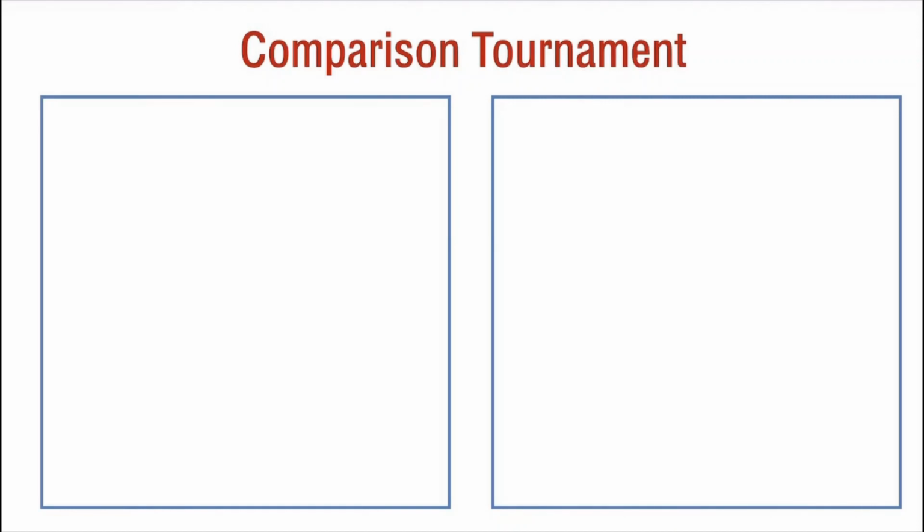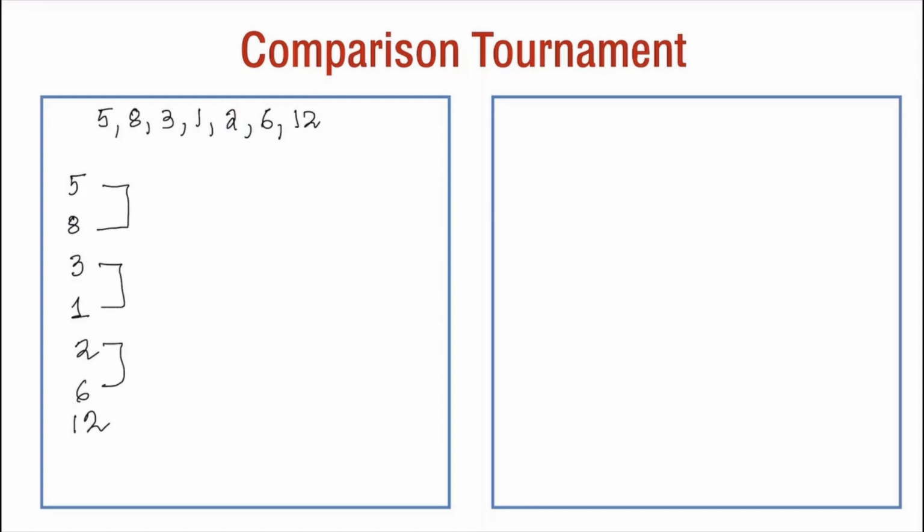Now let us see another way of looking at how we solve this problem, or visualize this problem. We are given elements 5, 8, 3, 1, 2, 6, 12. Let us assume that this is like a knockout tournament, and we are going to play a knockout fixture to decide the winner, and the winner is decided by a match called a comparison.